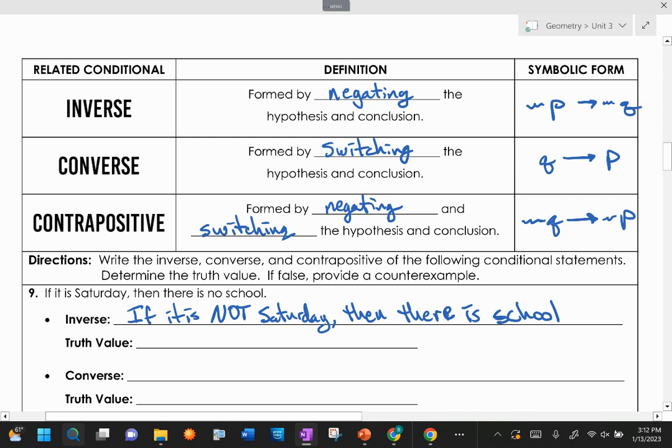Because we're going with the not P and the not Q, right? So the truth value of this is false. Because what other day do you not go to school? Every day.